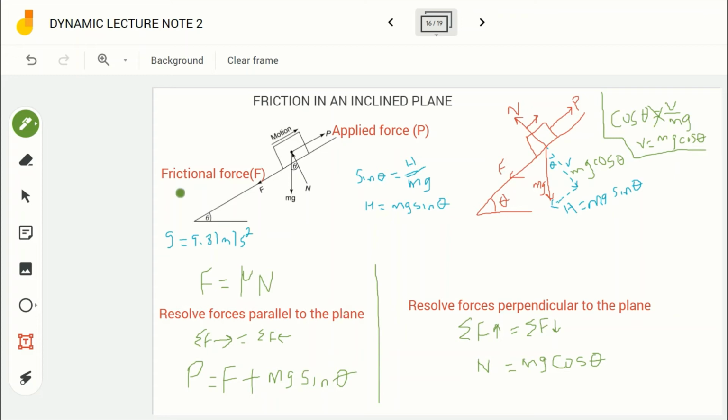Number 1, you resolve the inclined force into vertical and what? Horizontal components. Step 2, you resolve the forces that are parallel to the plane. And step 3, you resolve the forces that are perpendicular to the plane. I will show you an example of how we can apply these concepts in solving a question.